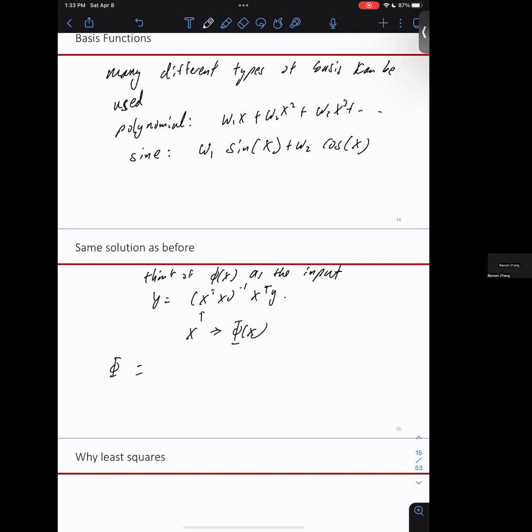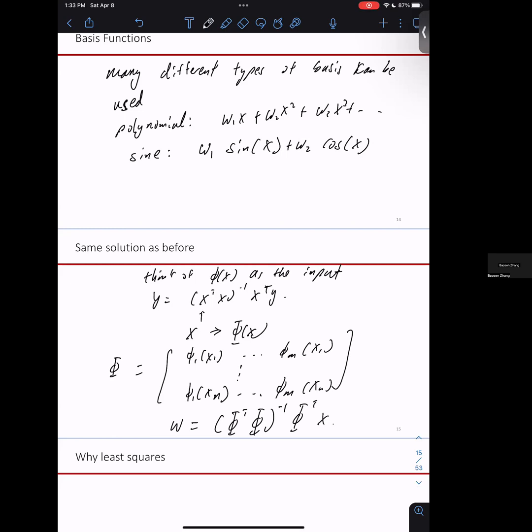So you define a matrix, you evaluate all these input x, and then your solution is simply the inverse.